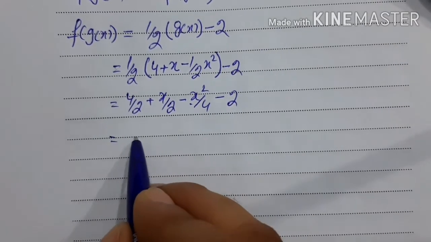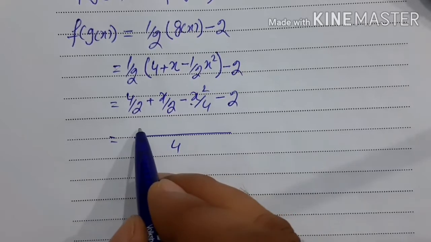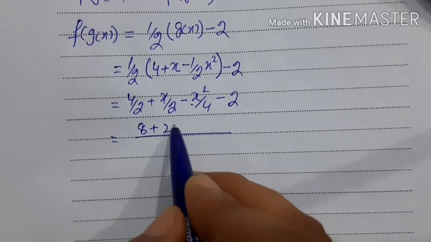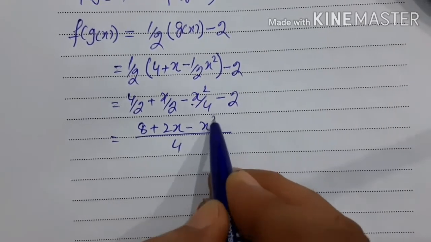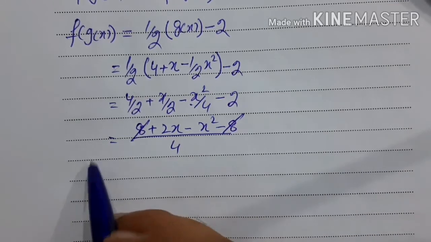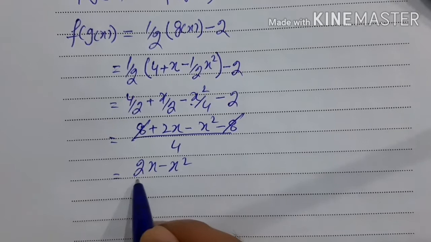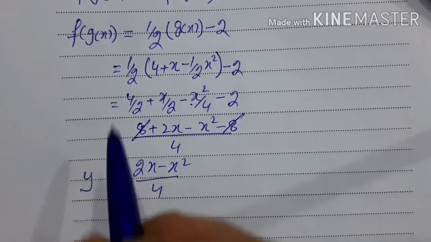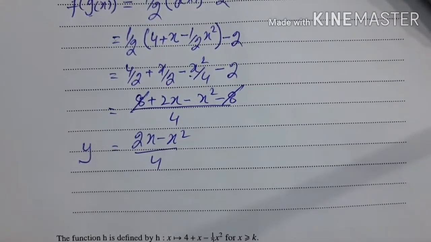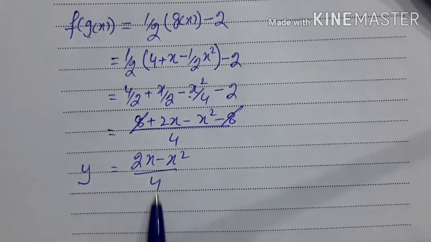After taking LCM 4, it will be 8 plus 2x minus x square minus 8. This will be cancelled. So we'll get 2x minus x square over 4. Let's suppose this fg(x) is y. Okay, for the range, this is our f of g(x).